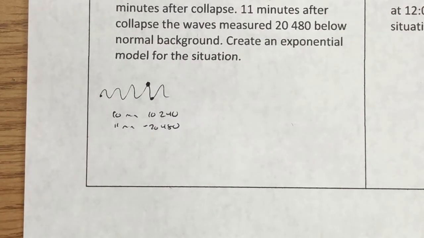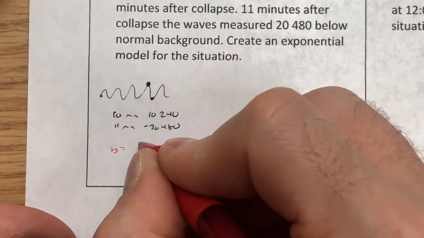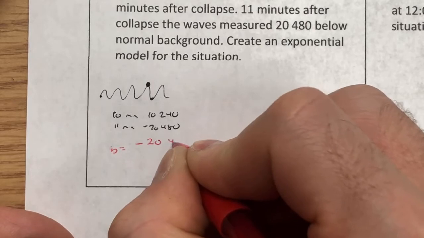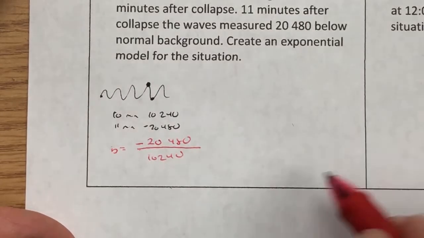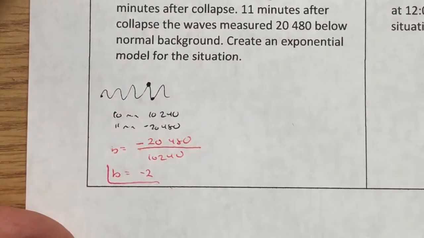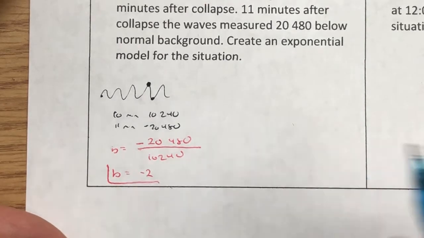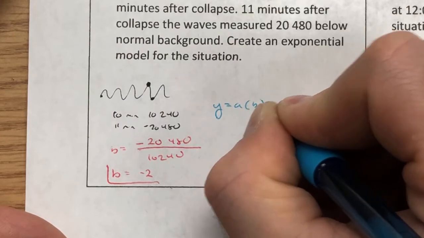And that's really all we need to answer this. Let's figure out what our b is. Our b is the most recent unit, so negative 20,480 over 10,240. And I can just look at that and say, hey, my b is equal to negative 2. I don't need a calculator to knock this one out. But let's pop this off into the next step and see if we might need one.